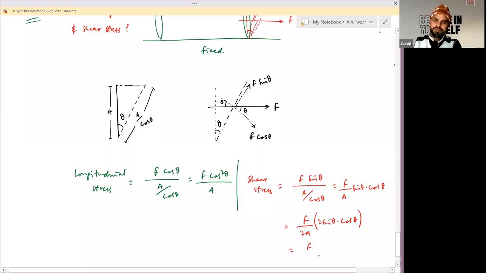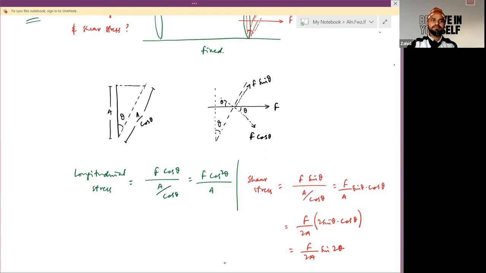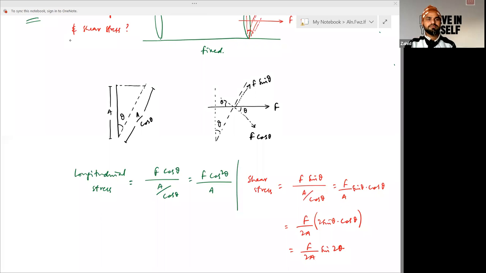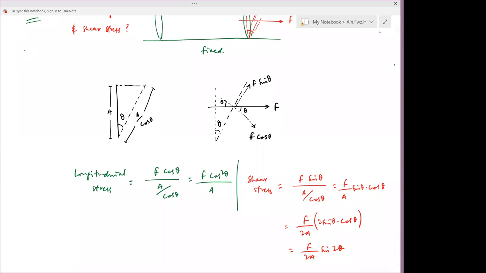So you may write it as F by 2A into sin 2 theta equals the shear stress. Done, sir. Okay.